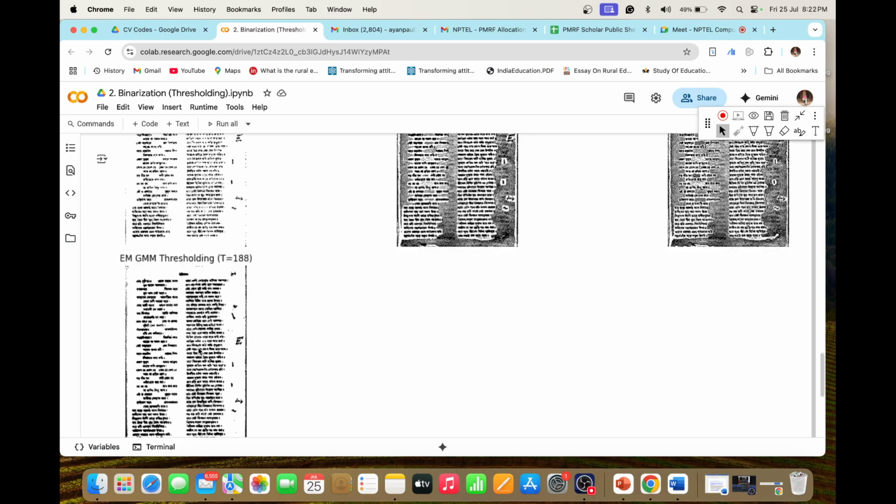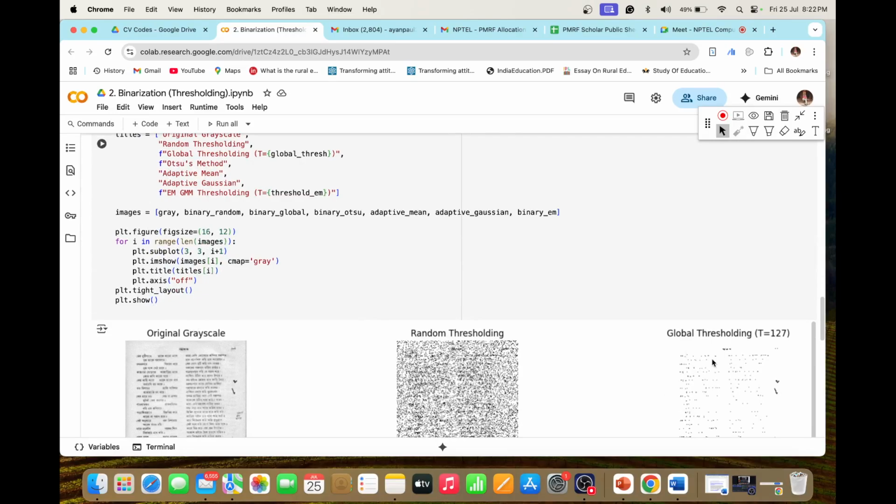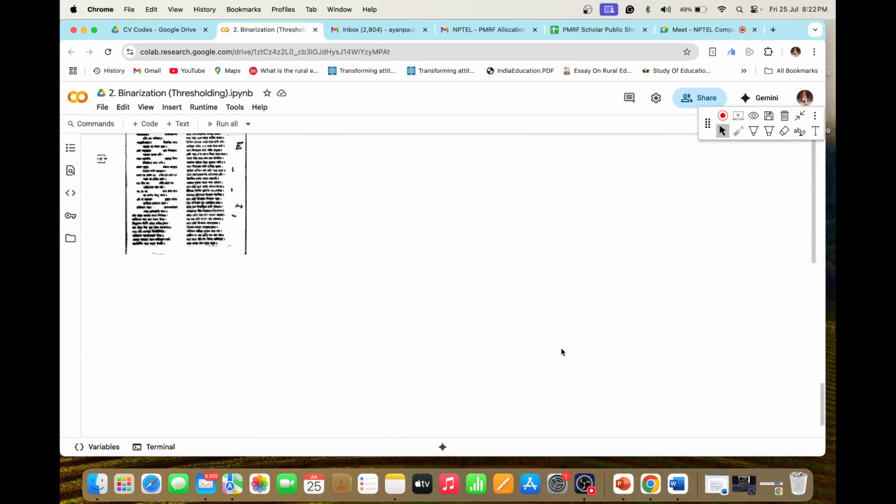So you can see this is an automatic thresholding, whereas this is a random thresholding, that is t equals 127. So you can easily see the differences.